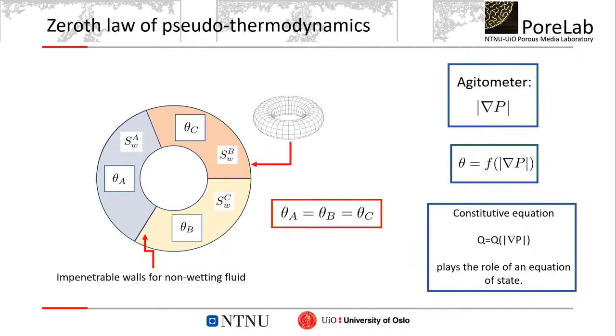Now, the zeroth law says that if I have three bodies, A, B, and C, and if A and B are in equilibrium, I put them together, they don't exchange energy, they have the same temperature. And if A and C also, when put together, do not exchange energy, they have the same temperature, then B and C will also be in equilibrium. So here is my torus again, and I have one property here, one property here, one property here.